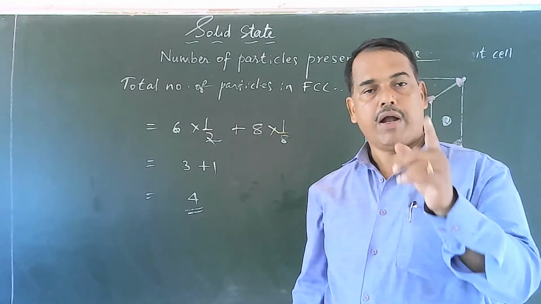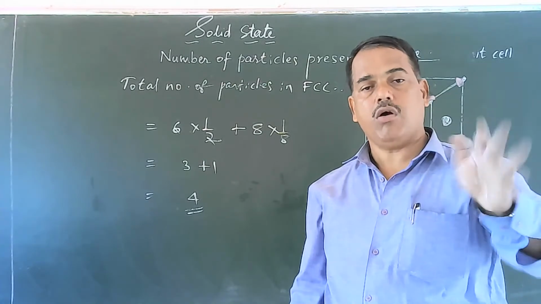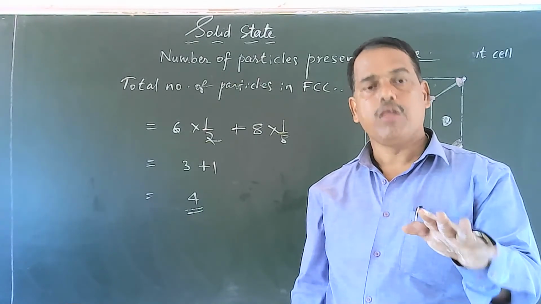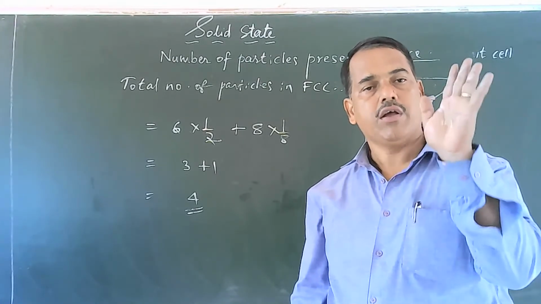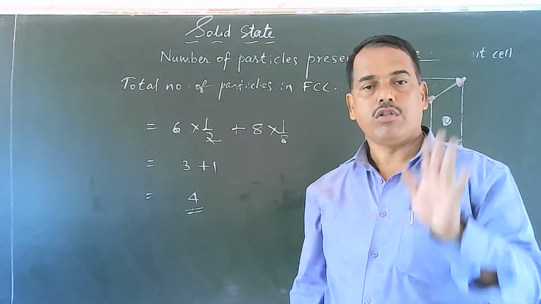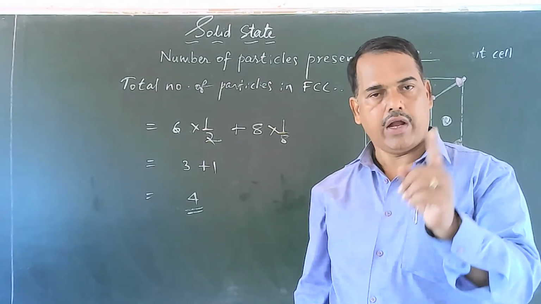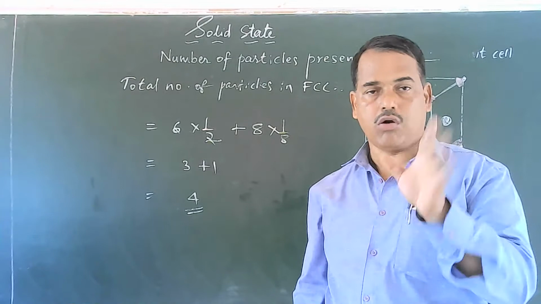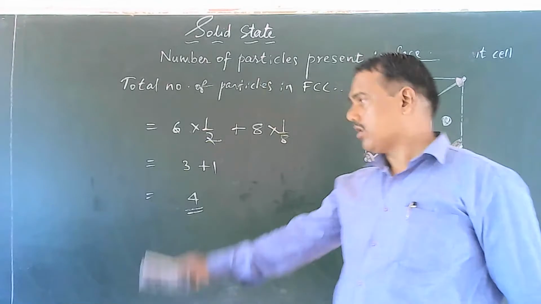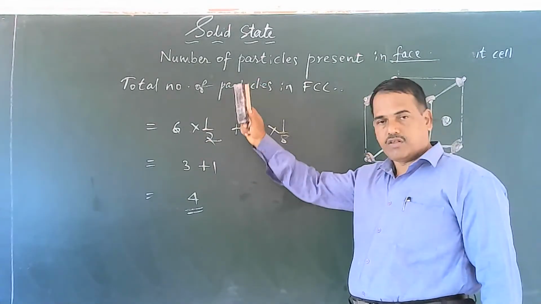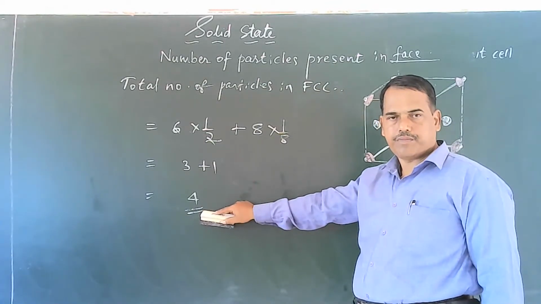In phase centered, the particles are present other than at the corner, on the phases. The contribution towards each phase is 1 by 2. How many phases are there? 6 phases. So the total number of particles is 3 from phases and 1 from the corner. The corner particle contribution is 1 by 8. So the total number of particles present in phase center is 4.